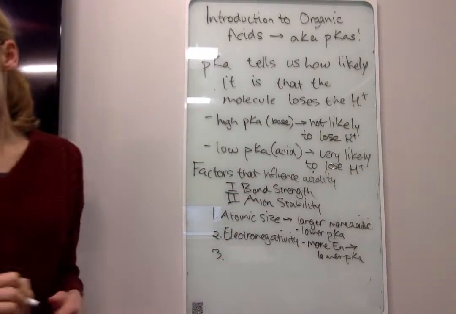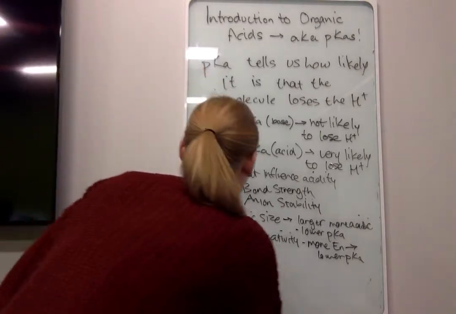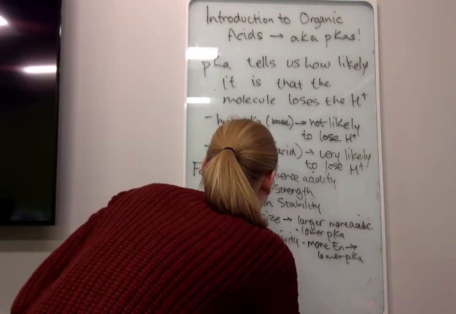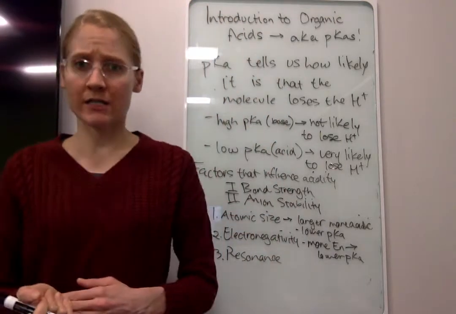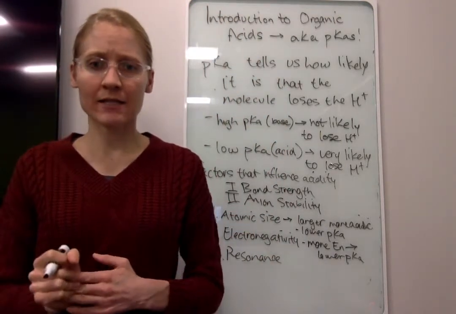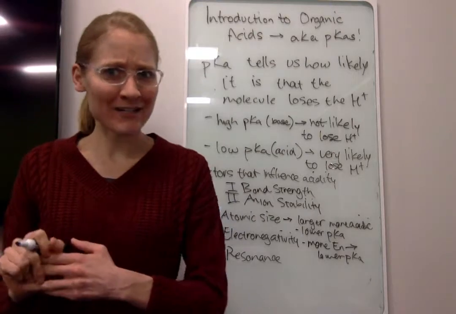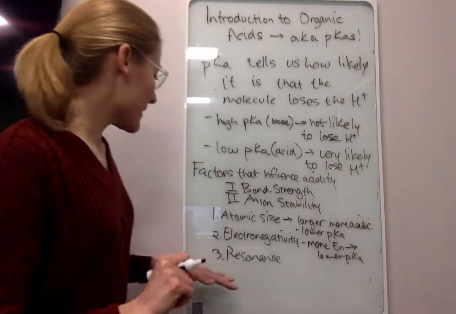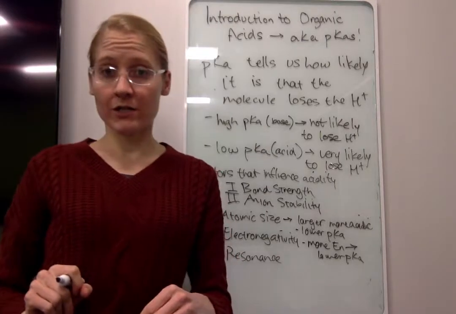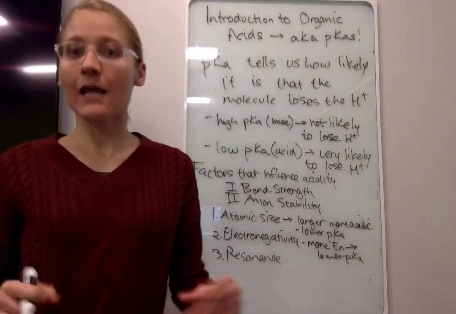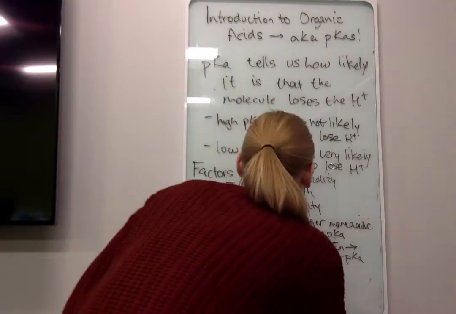Third one is resonance. We talk a lot about resonance structures in my organic chemistry classes, and hopefully you will too in yours. But basically, the more resonance structures that you can draw and the more good resonance structures you can draw, the more acidic and the lower the pKa.